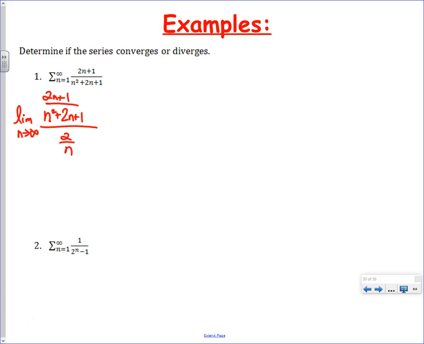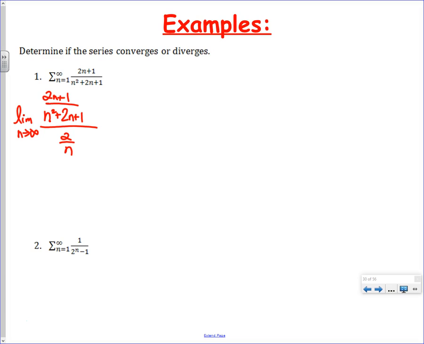In essence, I have a linear divided by a quadratic. In a sense, I have a rational function with a linear in the bottom, right? Now, what's so snazzy about this test is check it. You're like, wait, I don't get it. Well, pause. Isn't this guy a lot easier to figure out than that guy? And we should know who this is. P-series, P equals 1. This guy diverges.